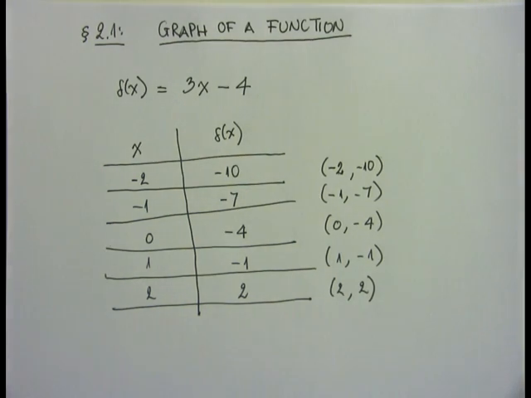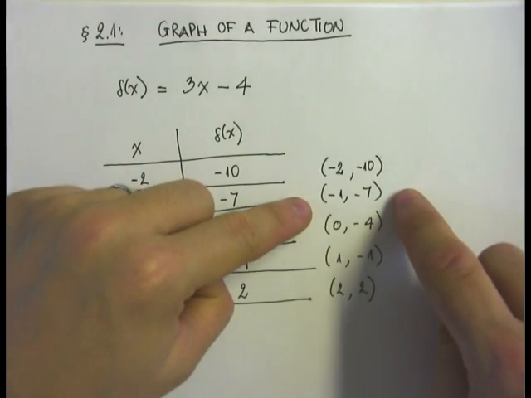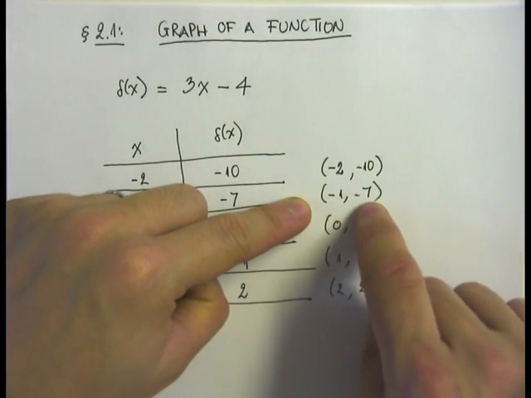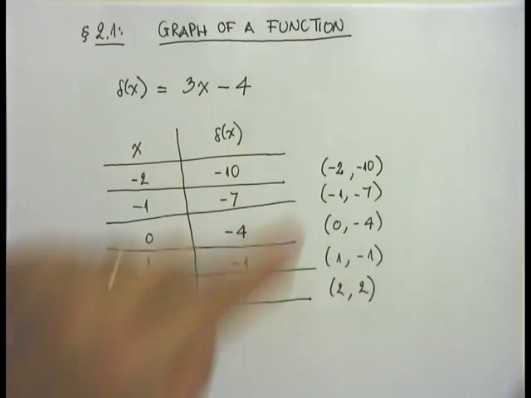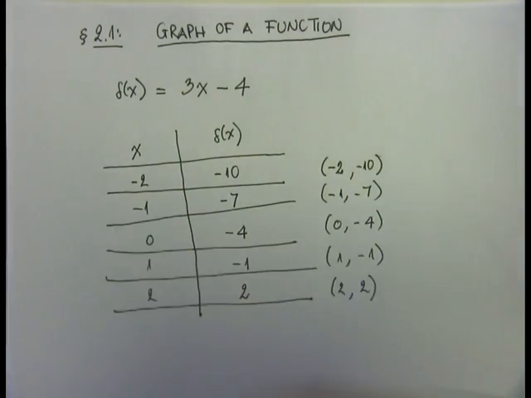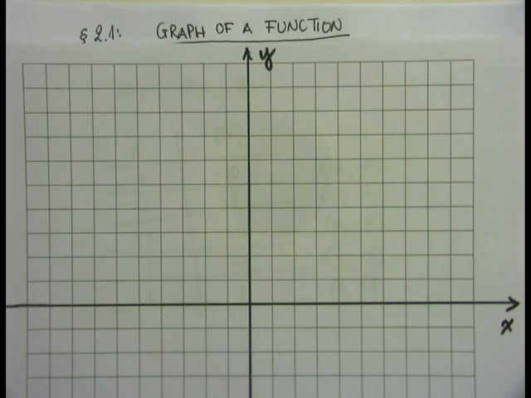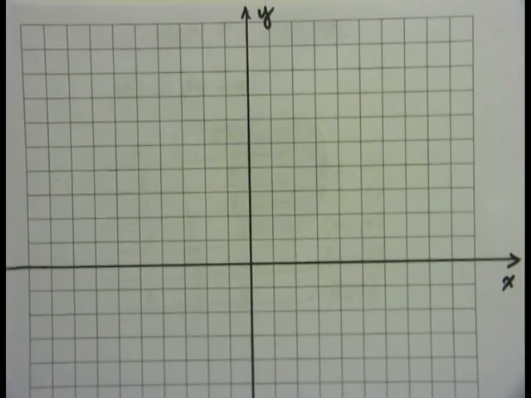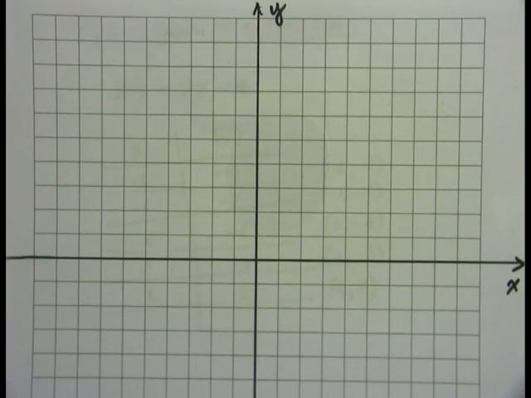The idea of graphing is that now I'm going to bring all these points with the given coordinates and put them on the graph space together with the axes. If you're looking at my graph right now, here's my x-axis and here's my y-axis.